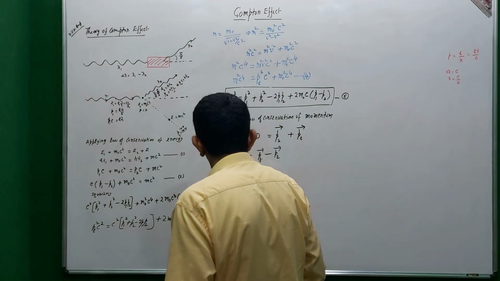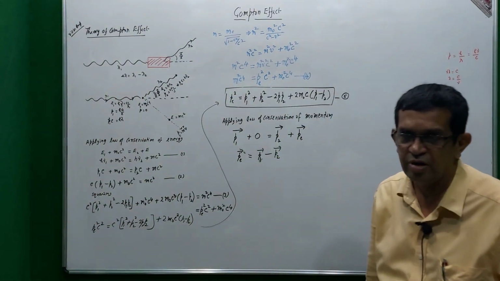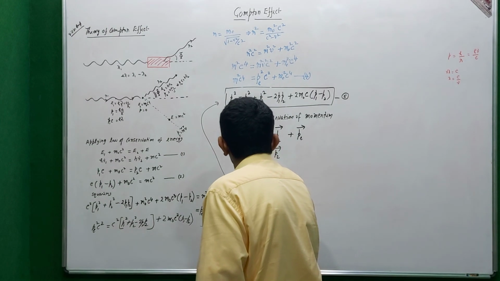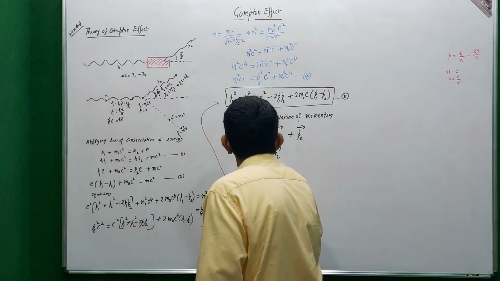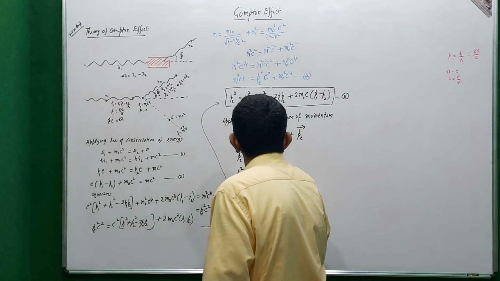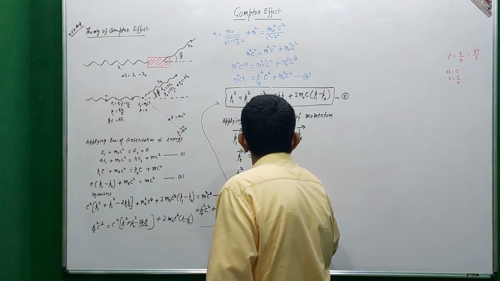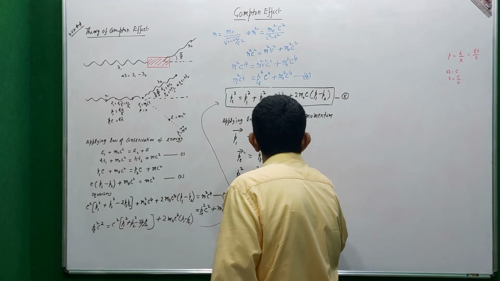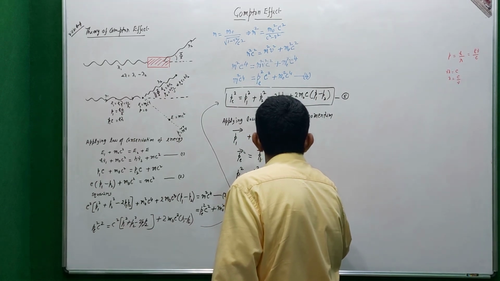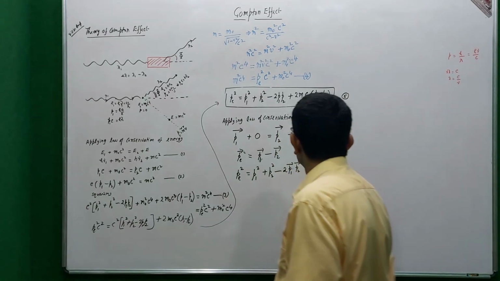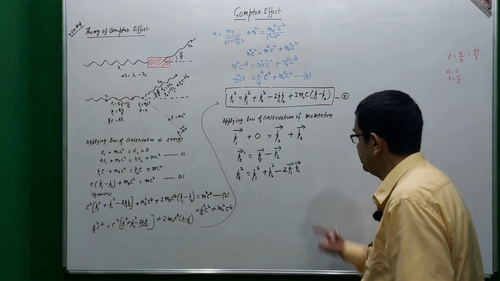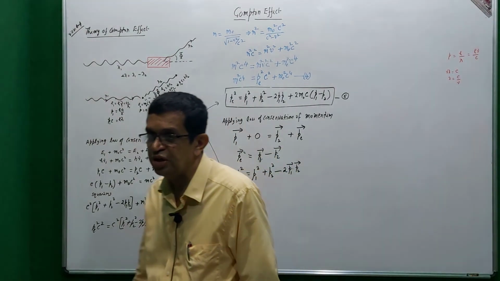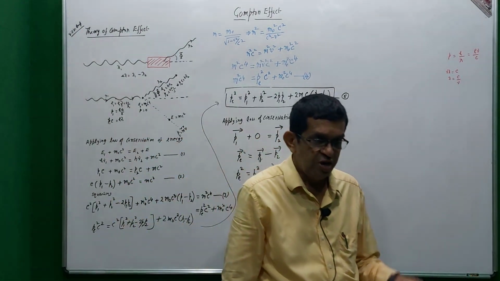If you square the vector, it becomes simply P square. This becomes P1 square plus P2 square minus 2 into vector P1 dot vector P2. This is a dot product of the two vectors. Vector A dot vector B is equal to AB cos phi. What is the cross product?